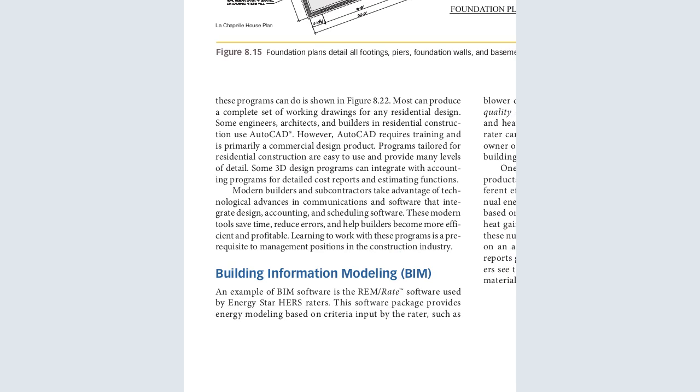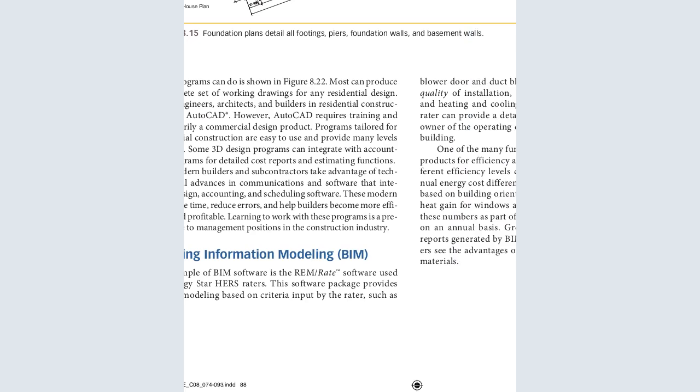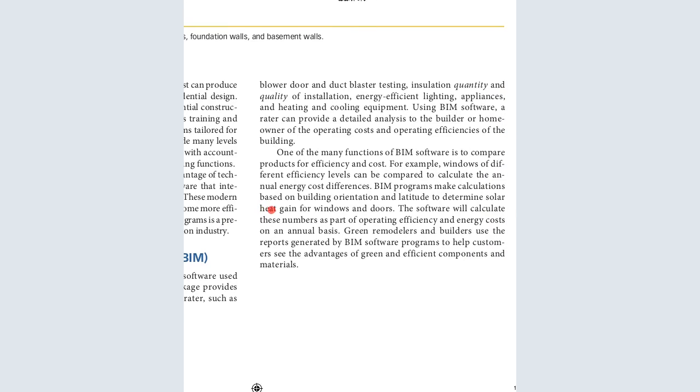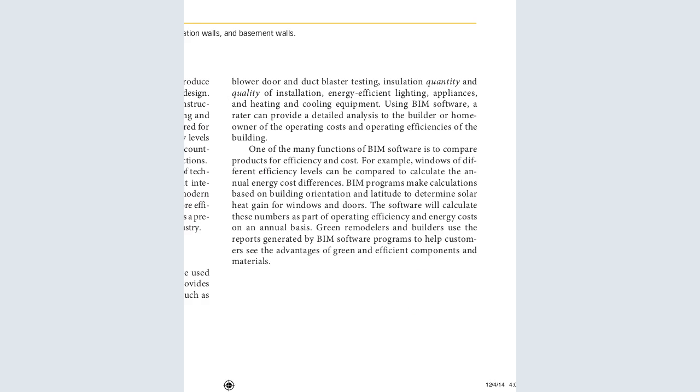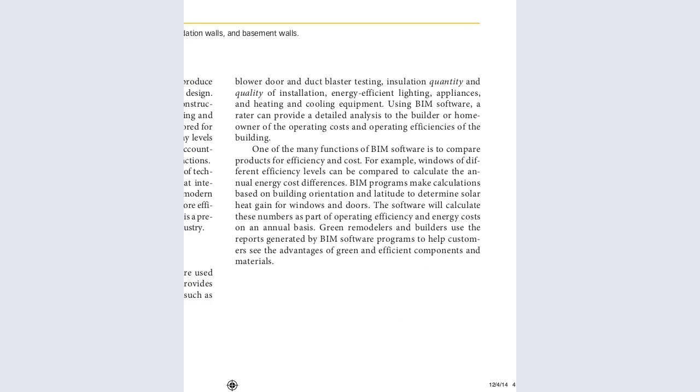The building information modeling, this is another software. An example of building information modeling software is the REM/Rate software used for Energy Star home rating. This software package provides energy modeling based on the criteria put in by the rater, such as blower door and duct blaster testing, insulation quantity and quality of installation.